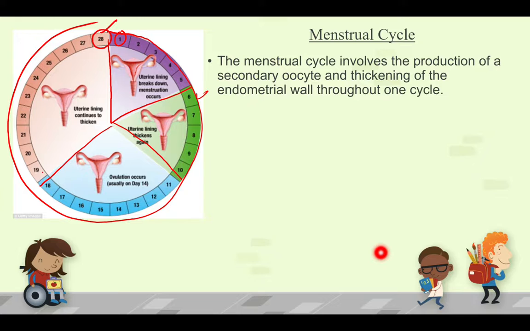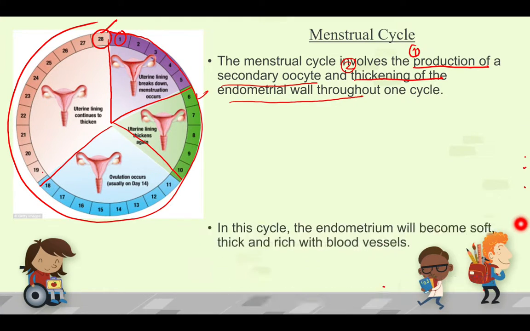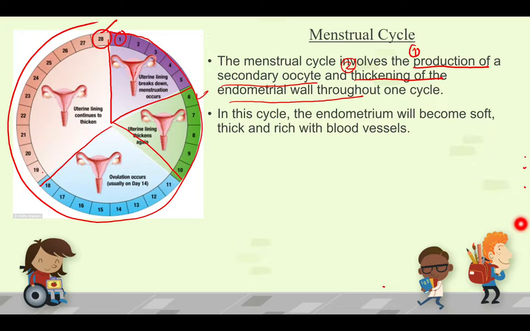The first one is the production of a secondary oocyte, and the second one is the thickening of the endometrium wall. In this cycle, the endometrium will become soft, thick, and rich in blood vessels.